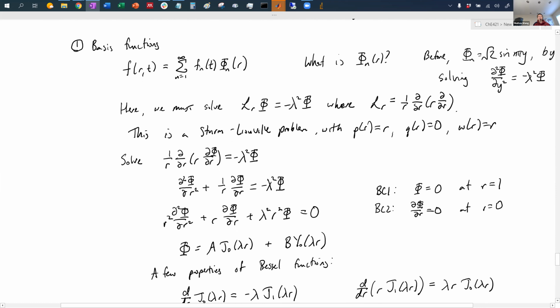You could imagine in the rectangular coordinates case, for instance, where we kept getting basis functions that look like square root of 2 sine n pi y, that might not necessarily be the case either, depending on different boundary conditions. So in the example that I'll do during office hours on Wednesday, that might change a little bit as well. Although I'll mention that on Wednesday in lecture, we're going to start to talk about things that are beyond homework 2 and beyond exam 1.